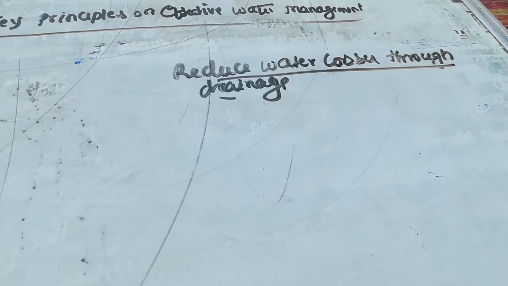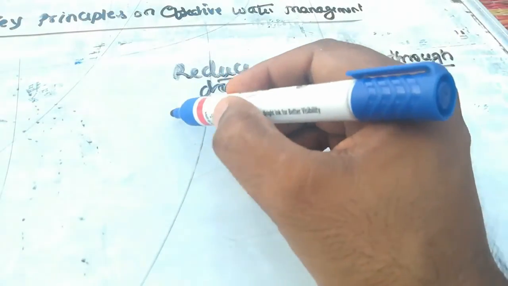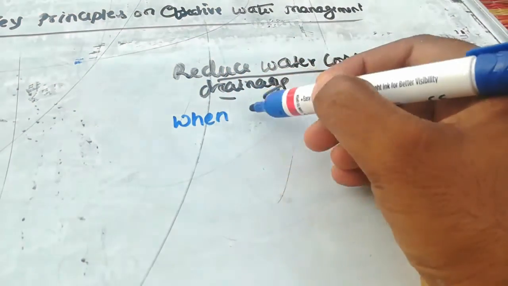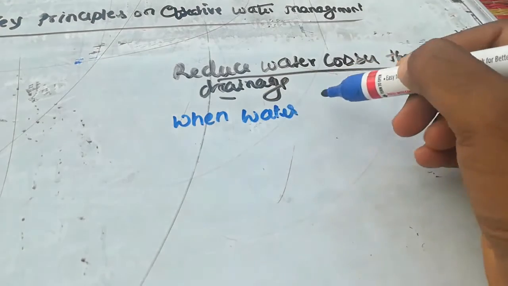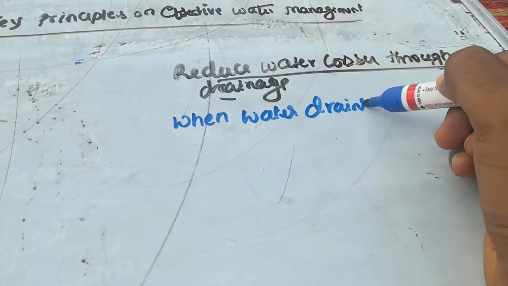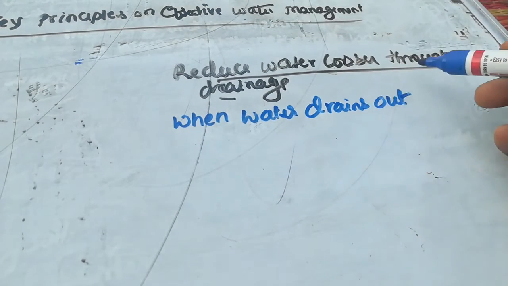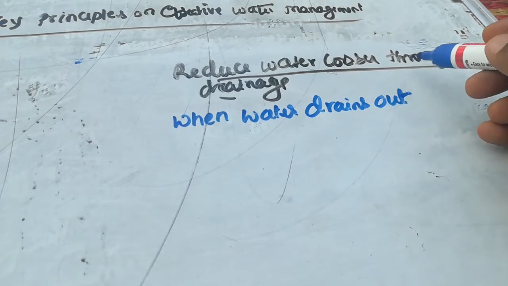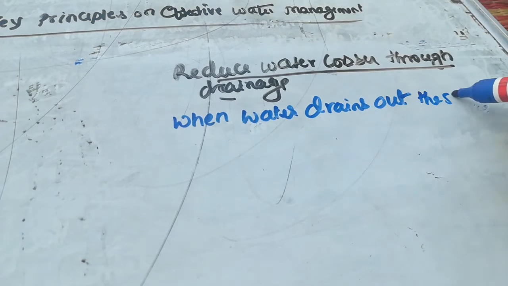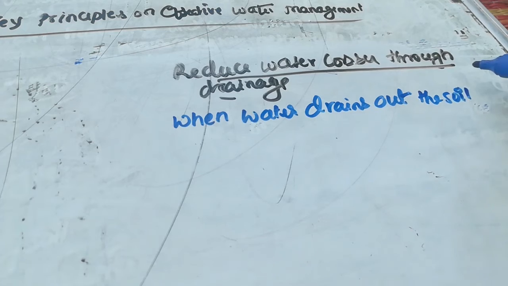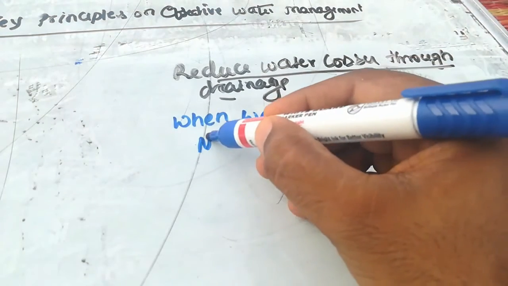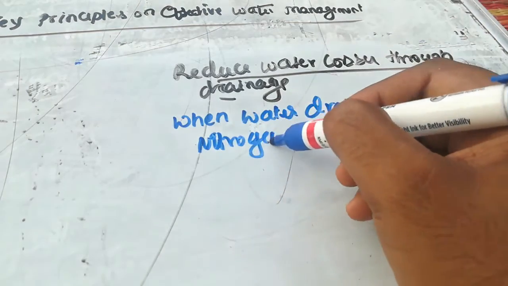When water drains out of the soil, nitrogen is also washed out. Nitrogen content is also important.